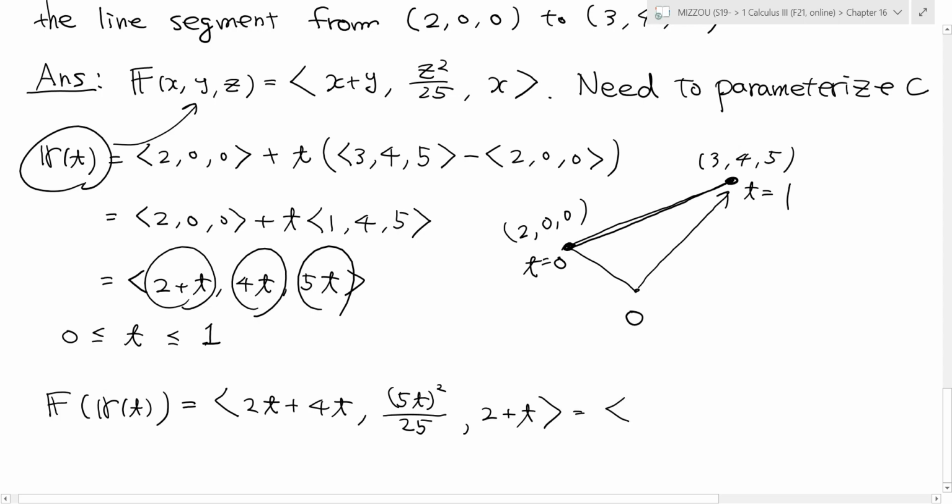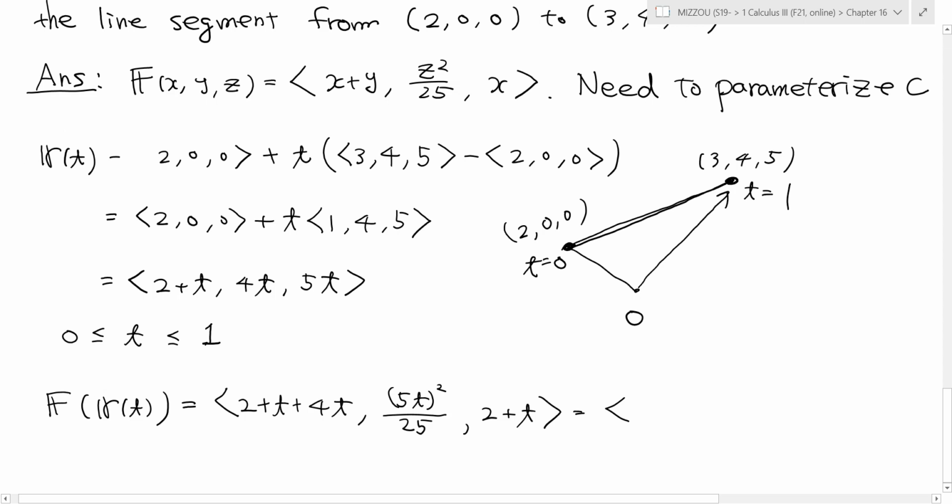Wait a second. I'm sorry, this is not correct. This is 2 plus t plus 4t, so this is equal to 2 plus 5t.